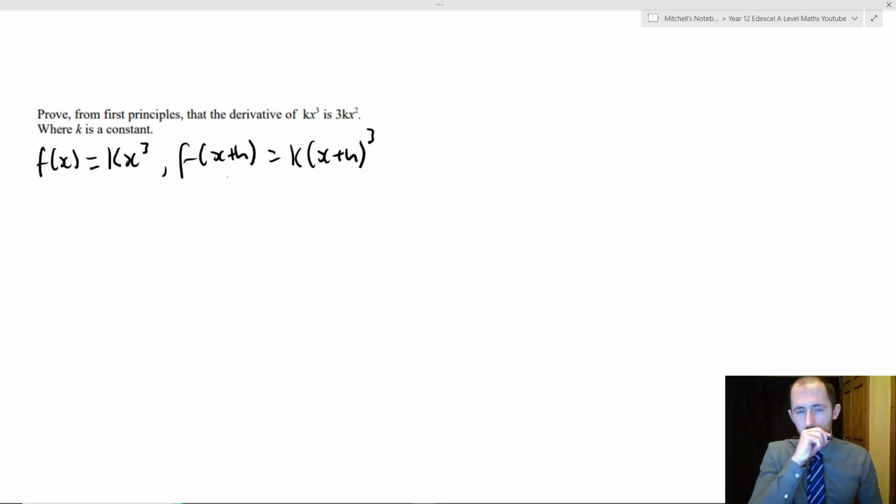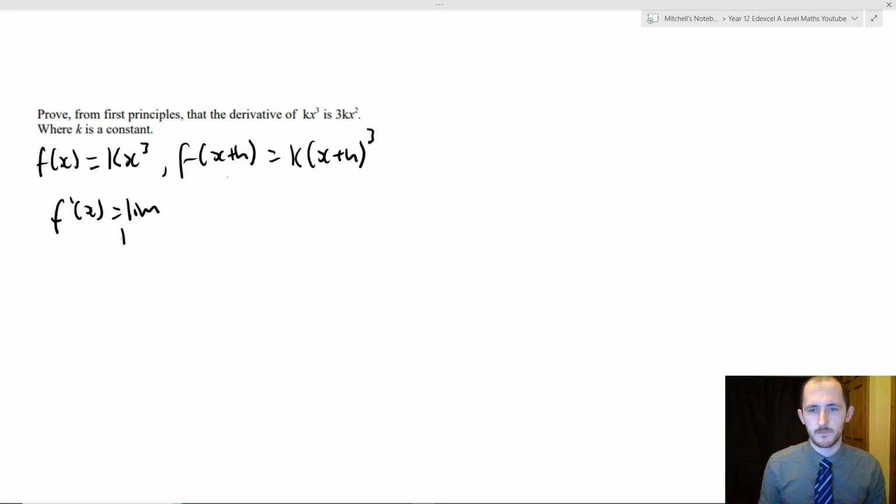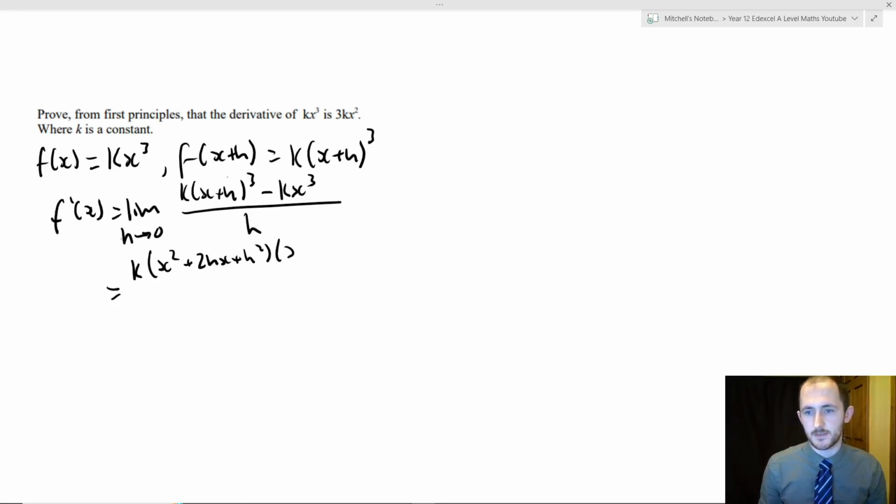So once again, f prime of x is the limit as h tends to 0 of k times (x plus h) cubed minus kx cubed, over h. So that equals, once again, we're going to have to do this fun business. We have x squared plus 2hx plus h squared, and there's still an x plus h on the end of that, minus kx cubed.